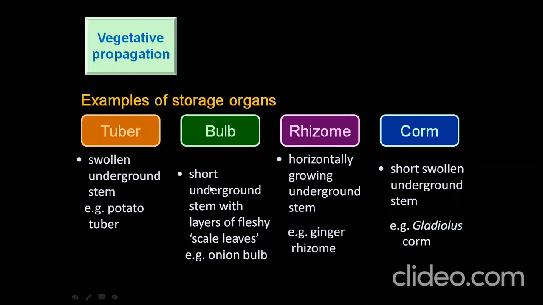Bulb, a short underground stem with layers of fleshy scale leaves, such as onion bulb. Rhizome, a horizontal growing underground stem, like ginger rhizome. Corm, a short swollen underground stem, gladiolus corm. This is the example of corm, right?